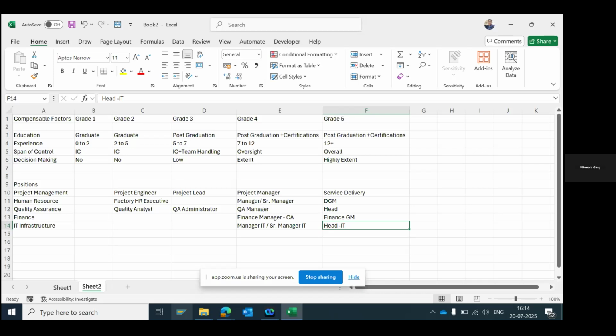Now, for example, just to add a little more, decision making. When you write decision making descriptors for a grade, today of course you have ChatGPT and you can take the help of it. So one could write something like, on grade 1, that you are taking routine decisions. Like, what kind of decisions does a data entry person or a clerical role take? There is very little discretion.